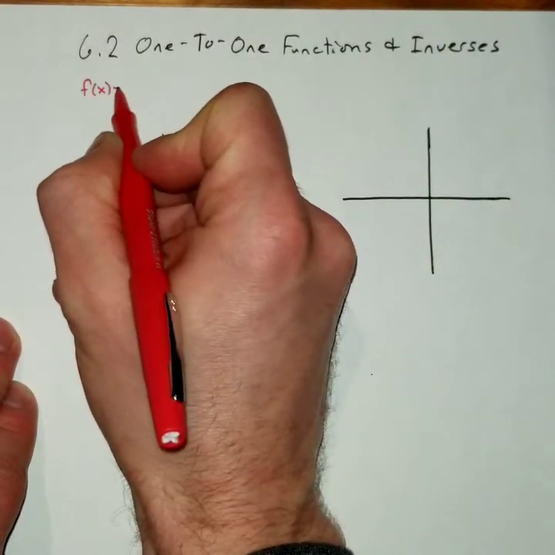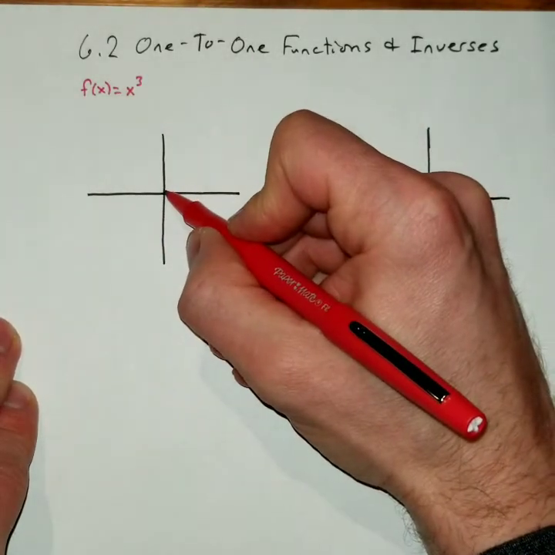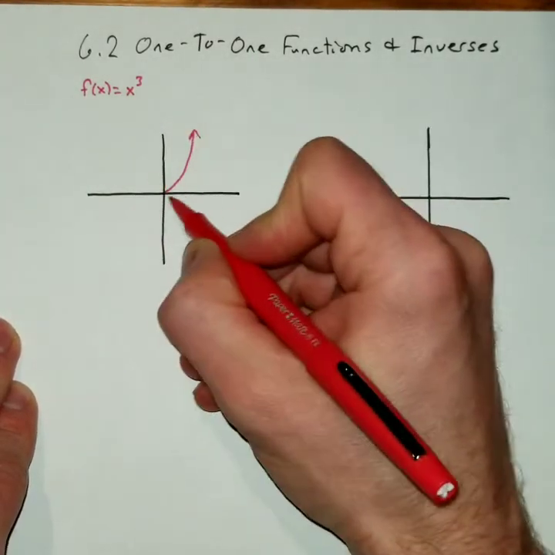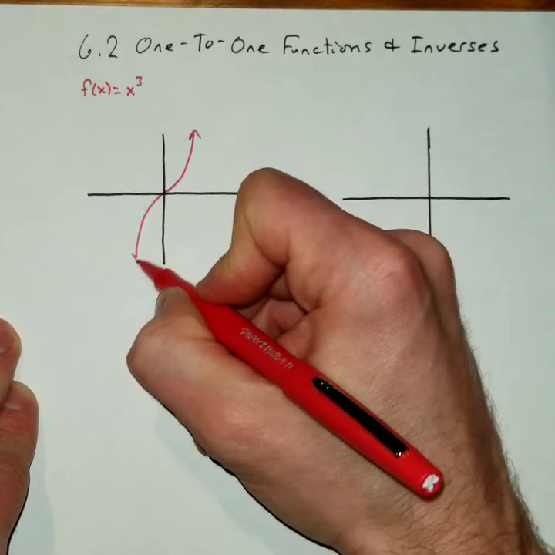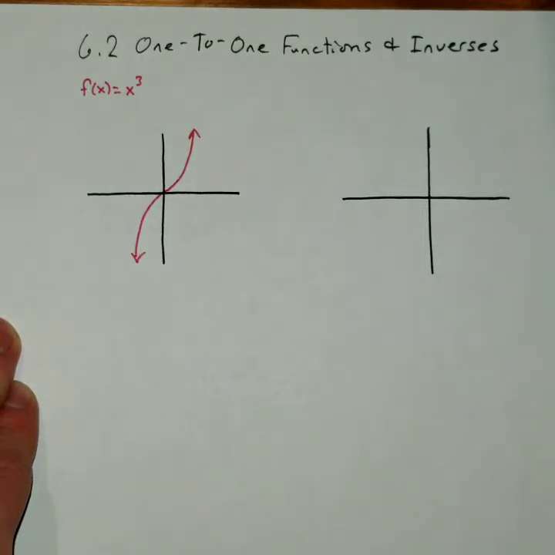like if you had x cubed, for instance, a cubing function, we know that that function looks like this. It's kind of a half parabola going up and half parabola going down. They're not exactly parabolas, but it kind of looks that way.